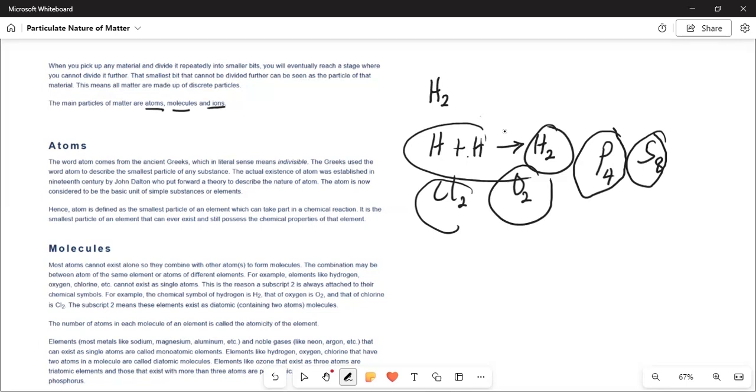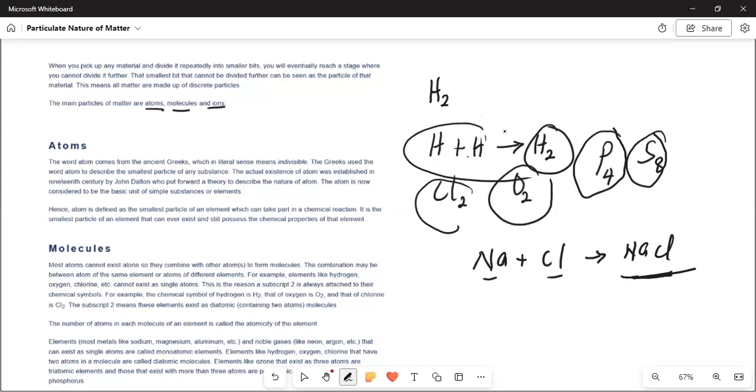For example, you can have sodium atom combining with chlorine atom to give us sodium chloride. So in this case, this is a molecule of a compound. And this molecule of this compound is formed by what? A combination of one atom of sodium and one atom of chlorine to form one molecule of sodium chloride.